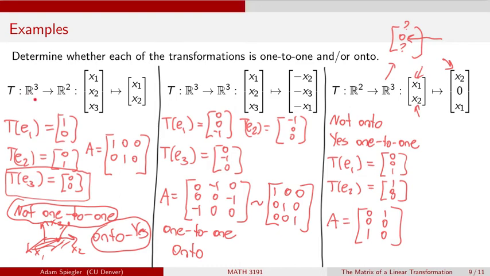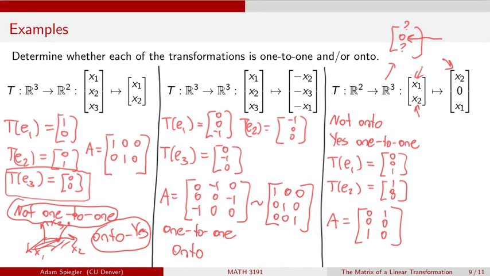And when we're mapping from a higher dimensional space R3 down to a lower dimensional space R2, there's no way that we can get a one-to-one map, since we have more things over here being mapped to less things over here, so multiple vectors in R3 are mapped to the same image in R2.